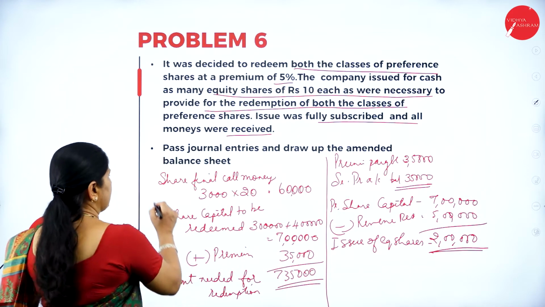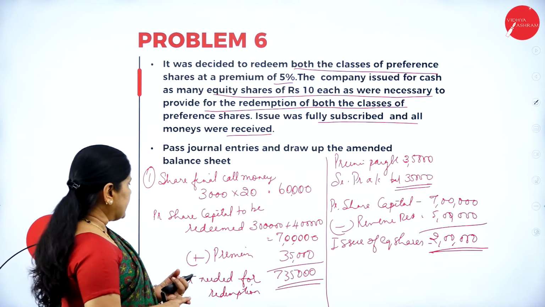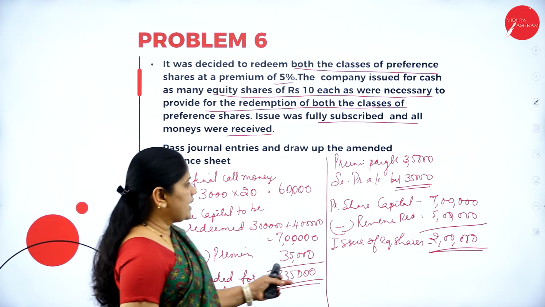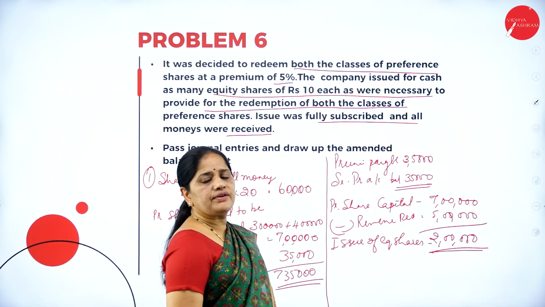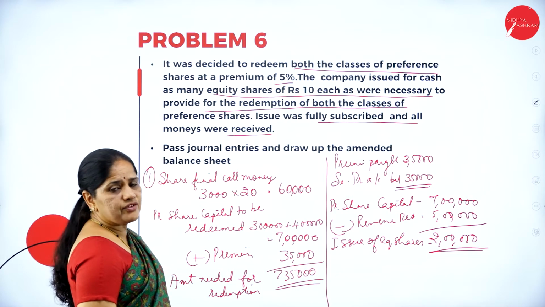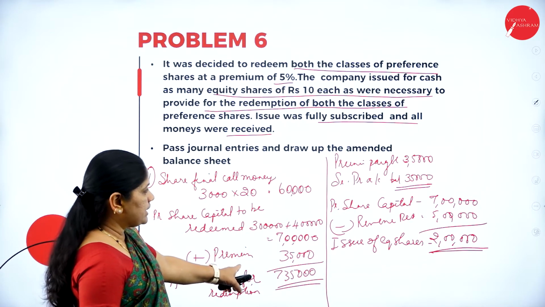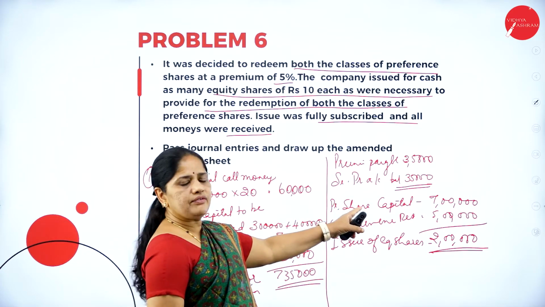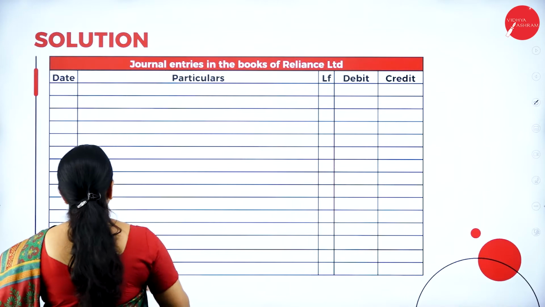Now, the first journal entry for share final call money due, then call money received. Then the next one will be for issue of equity shares. So 2 lakhs worth of equity shares are issued. So I have to make an entry for that. Then next will be the premium adjustment. Then next will be for the capital adjustment. So we will go ahead with the journal entries.